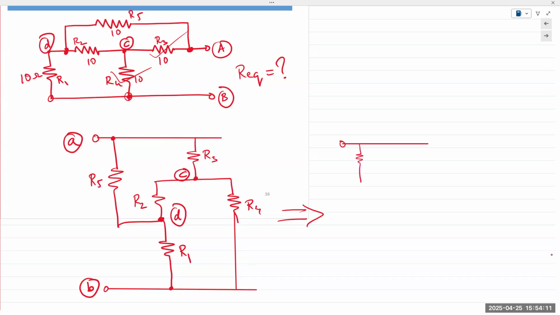So I have R5, I have R3, I have R2. This goes here, and you have R1, and then you have R4 that goes here. So this is R5, R3, R4, R2, and R1. So we can't combine either in series or in parallel. There is no series connection and there is no parallel connection. So you can't directly reduce this.